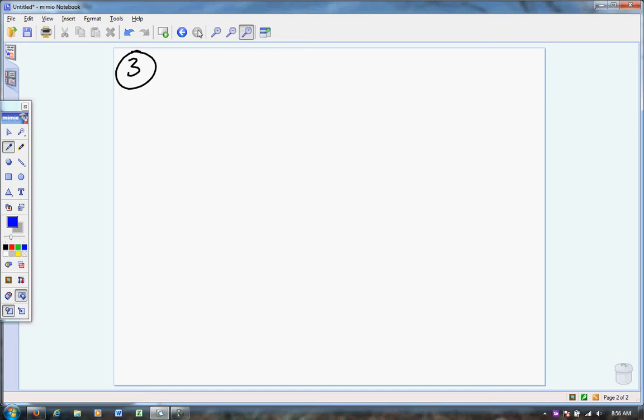Third rule. What if I have x minus c in parentheses to the b power? Now this one is the opposite of what you would think it is.